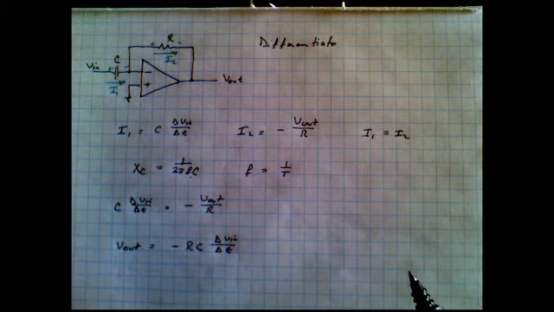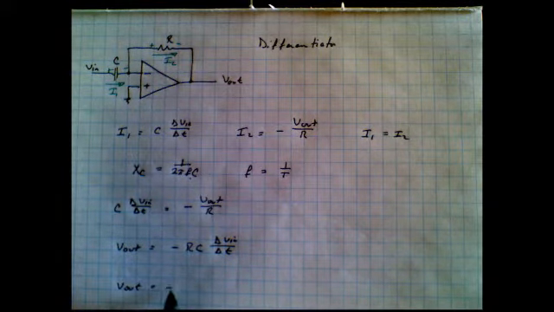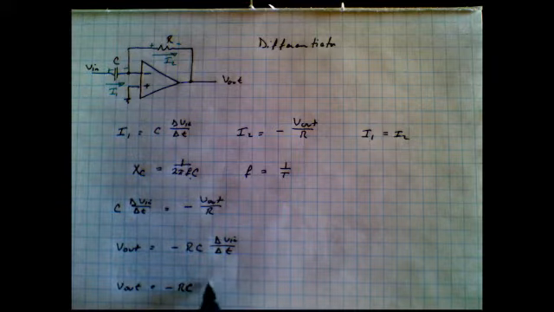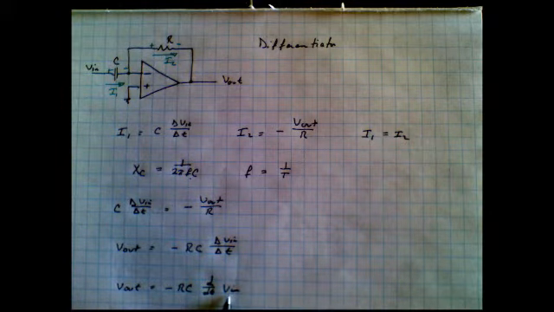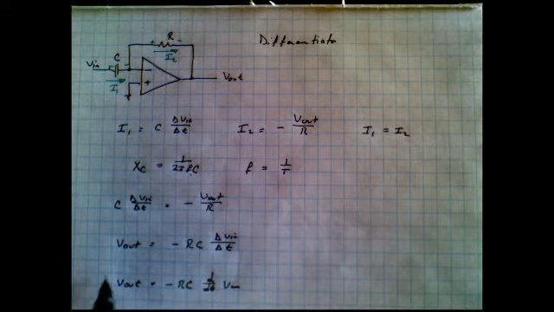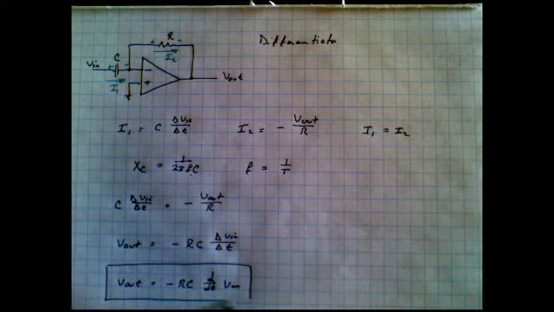And if we want to express this in a more rigorous mathematical form, we would say Vout equals minus RC d/dt of Vin. So the output is minus RC times the first derivative of the input voltage. So here it is, the defining equation of a differentiator.